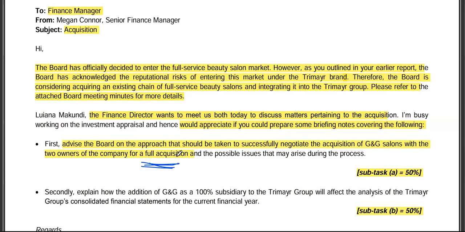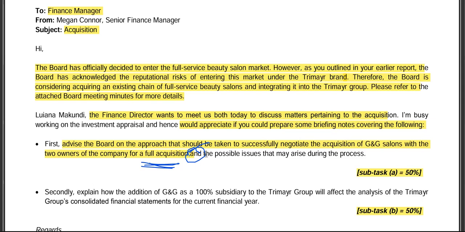And the task doesn't end there. The task further reads, "and". So remember, the moment you see this conjunction, you need to understand that there are two aspects or two sub-requirements to be addressed. So it's not only about advising the board on the approach to successfully negotiate the acquisition of the company.